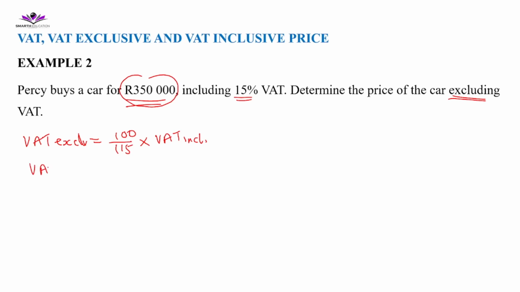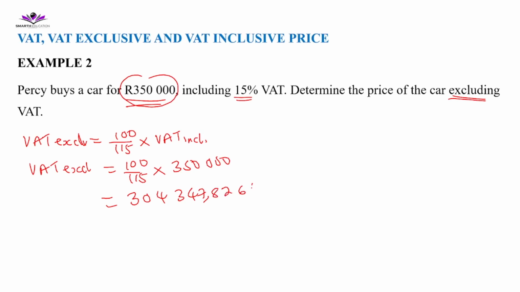So it's going to be VAT exclusive is equal to 100 over 115, then times 350,000. And then what do we get? We get 304,347 rand, then comma 8261. So we can round off to 2 decimal places. So it's 304,347 rand and 83 cents. That's how we can find the VAT exclusive price.